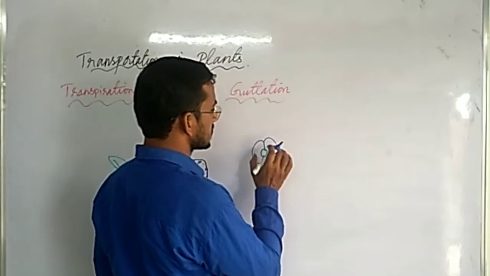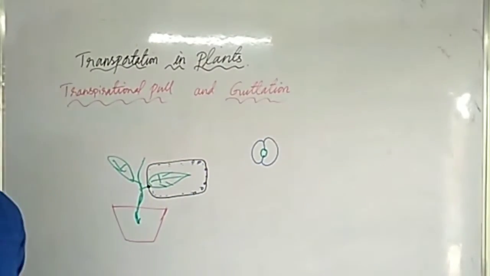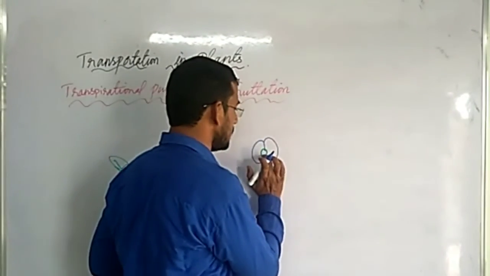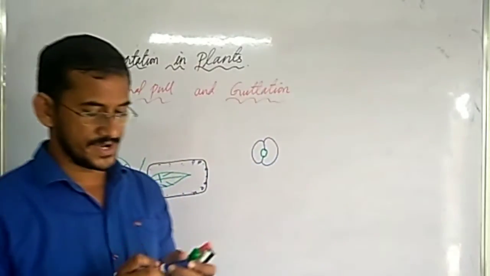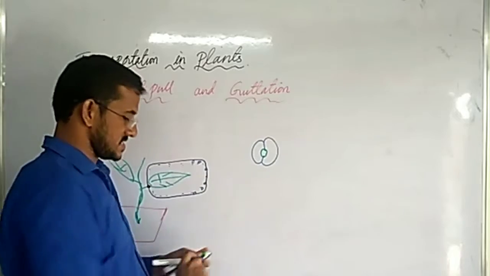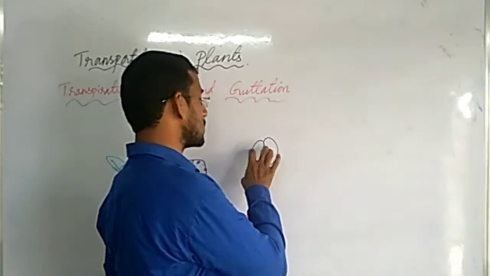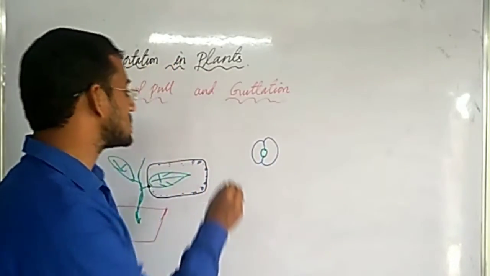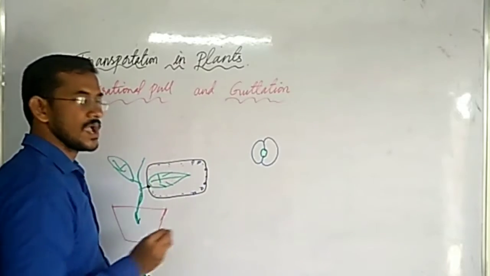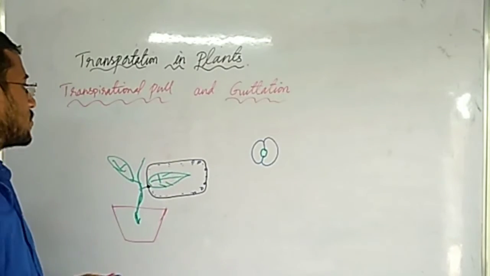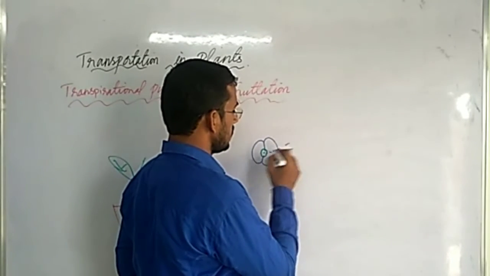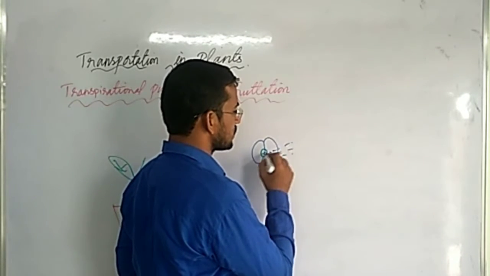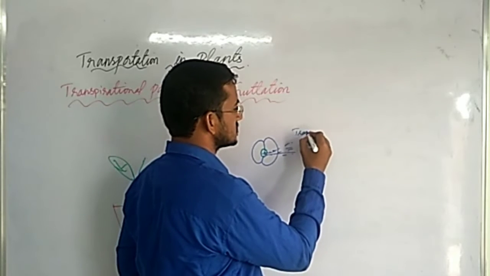So these guard cells help in opening and closing of the stomata. Understood? So this is a hole which is present in the leaf. From this, water will come out. This process we call transpiration.